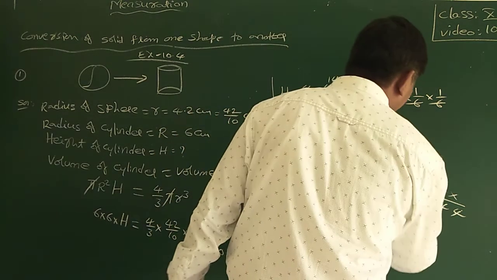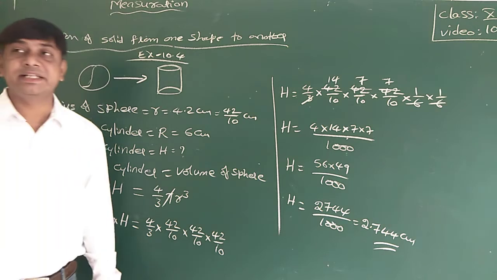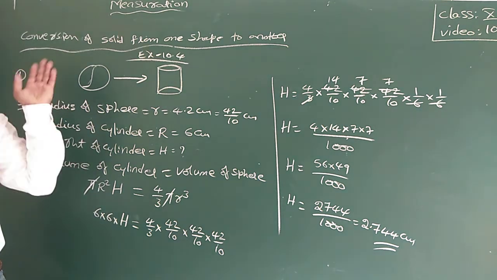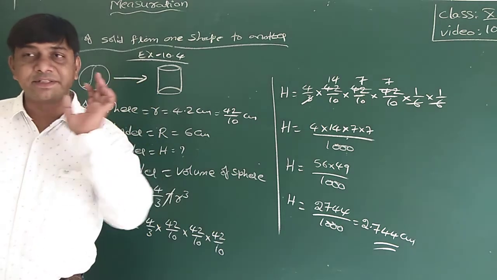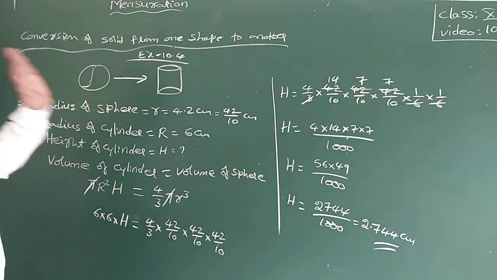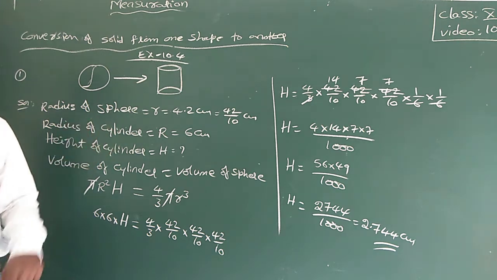So while doing mensuration comparisons, see whether the dimension units of the two or more solids given are all the same or not. If not, make them the same and simplify it.